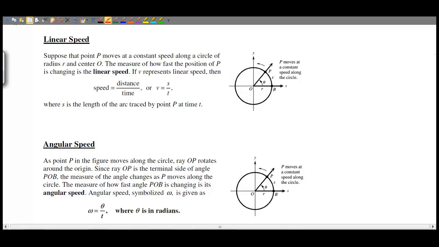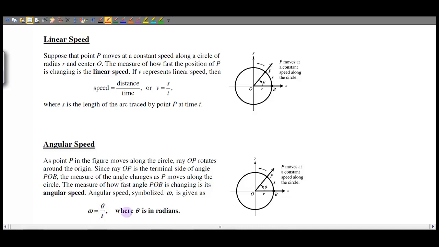Now let's talk about angular speed, because they're different. Angular speed is still a rate, still a rate over time. What we're talking about for angular speed is that as P moves around, the angle theta is changing. As P keeps moving around, this angle theta is changing, and so we represent that as theta with respect to time.